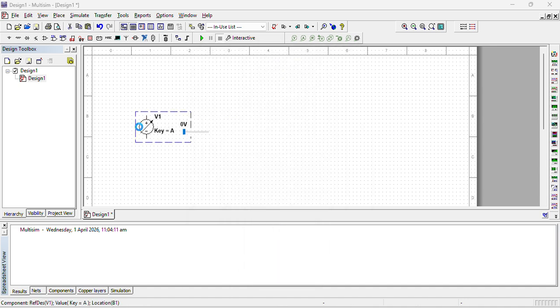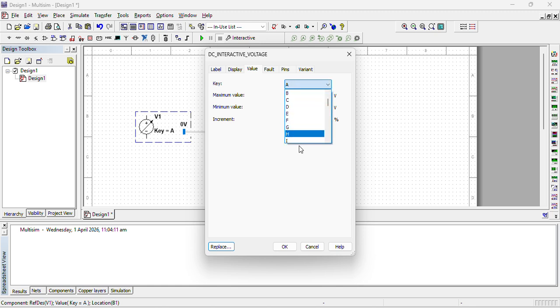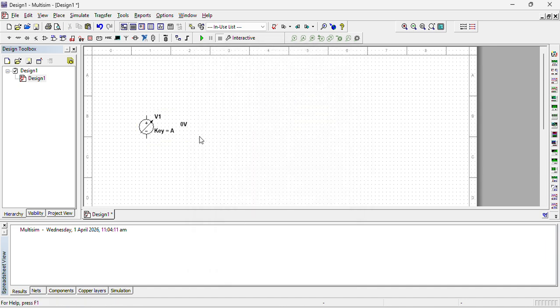Now its assigned key is A, which could be changed from here. So with this key, this would be varied in this pattern, like this, like this. This will be very easy for us to perform the simulation. Similarly, we can come back with Shift A.